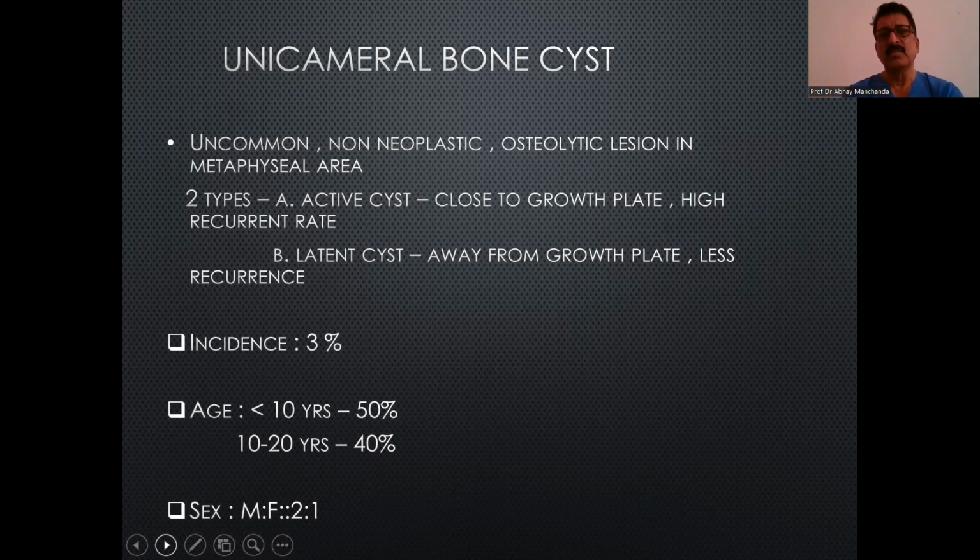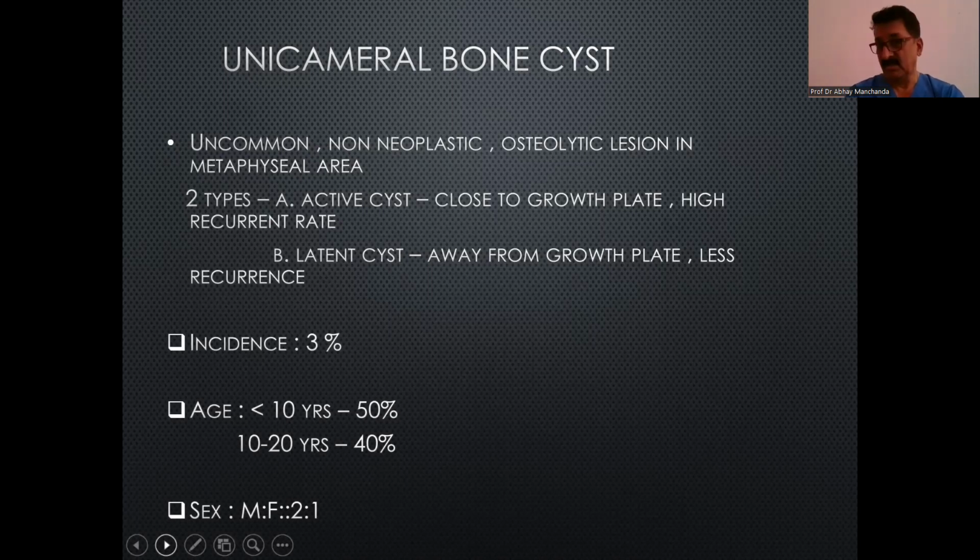It is not very uncommon. It is a non-neoplastic osteolytic lesion in the metaphyseal area. There can be two types: an active cyst, which is close to the growth plate with high recurrence rates, or a latent cyst away from the growth plate, which has a lower rate of recurrence.